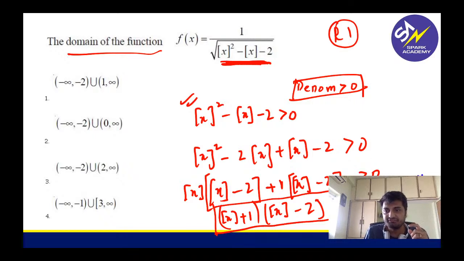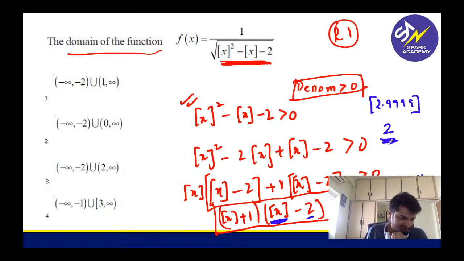For this question, actually verifying options is easy, right? Why? Because here, this is step x, minus 2. This should be greater than 0 overall, right? Now look at this. This is step x, right? What is step of 2.99999? That is still 2, right? It's the basic property of step function.